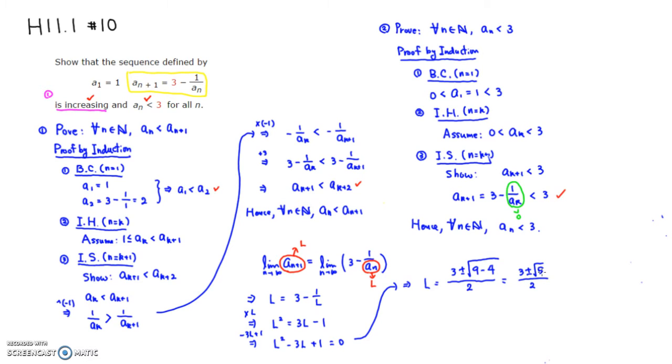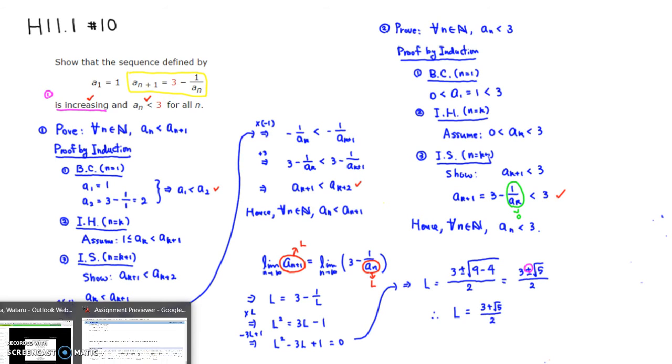So 3 minus something bigger than 2, over 2, is going to be less than 1. So we know that the positive one is the answer. So therefore, the limit L is going to be equal to 3 plus square root of 5 over 2.